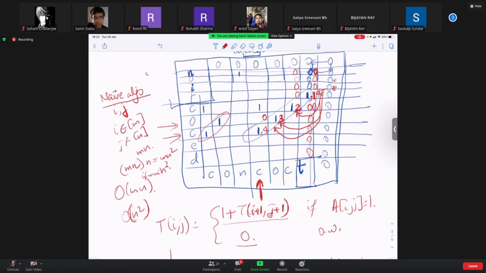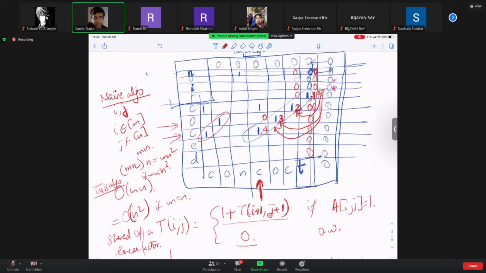Yes, sir. And this algorithm is order n squared if m is equal to n. So we have shaved off a linear factor. Correct?